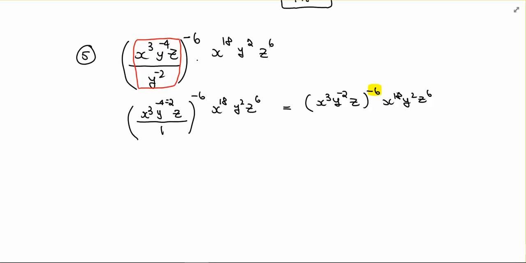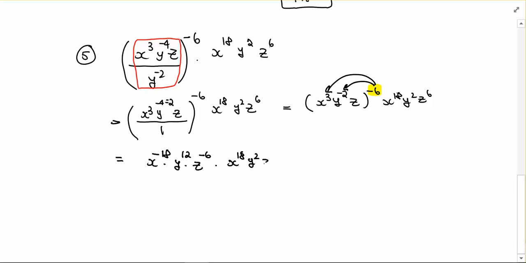So if I deal with that exponent, that's going to take me to x to the negative 18, y to the positive 12, and z to the negative 6. And I still have times x to the 18, y to the 2, z to the 6.